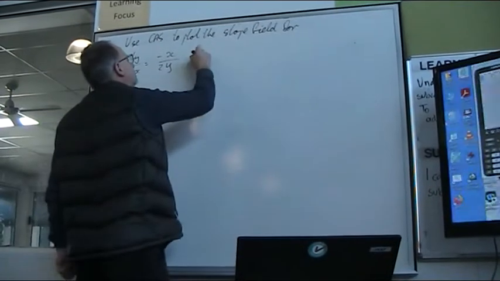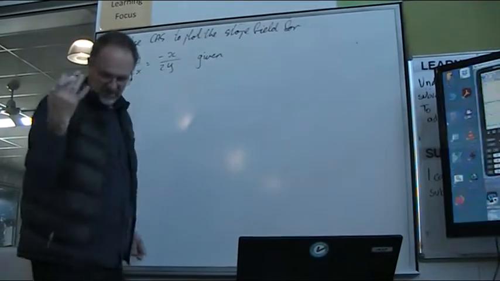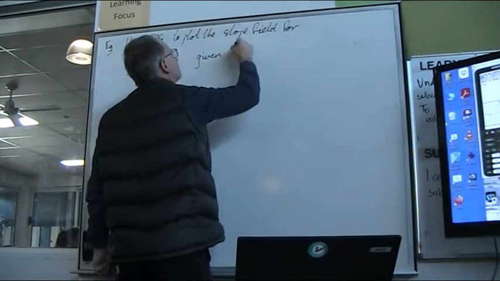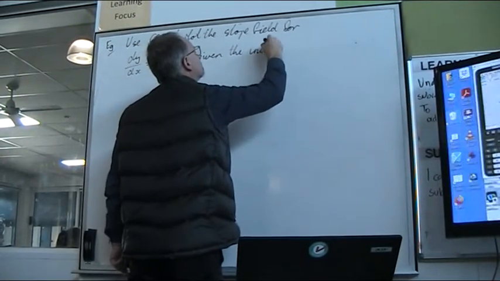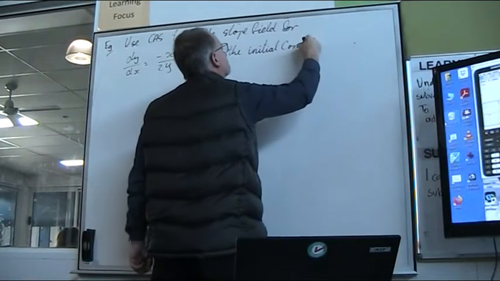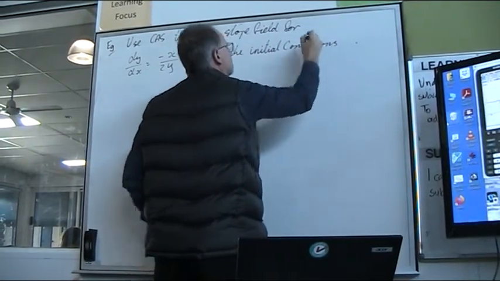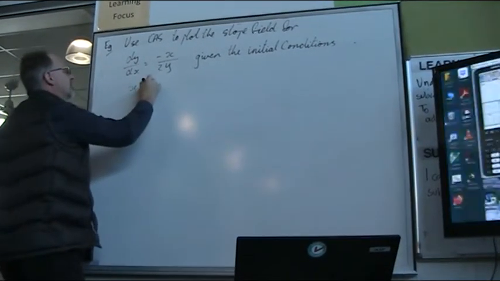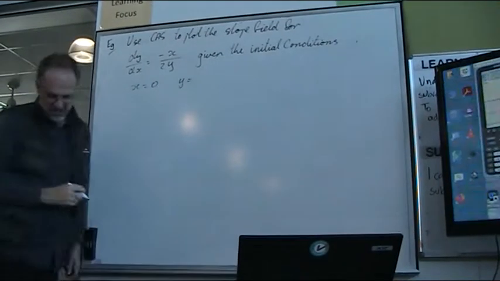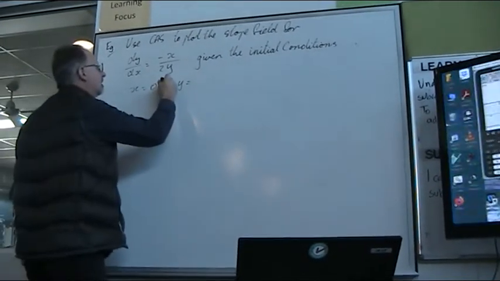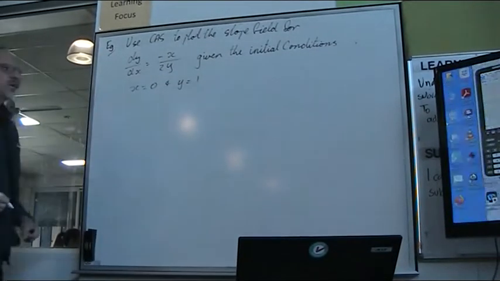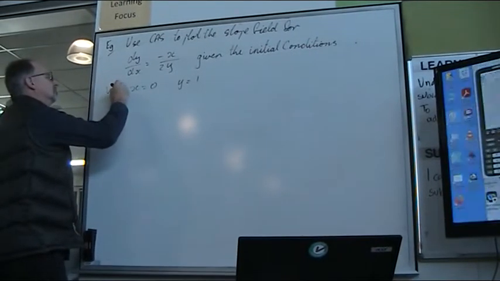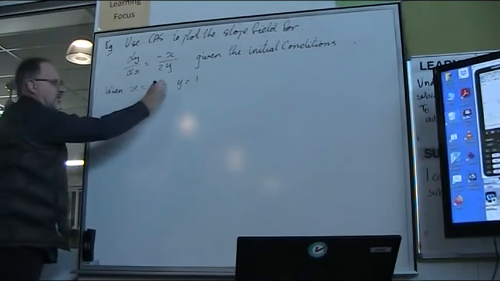And this time we're given some information. We're given the initial conditions, and our initial conditions are x equals 0 and y equals 1. When x equals 0, y equals 1.